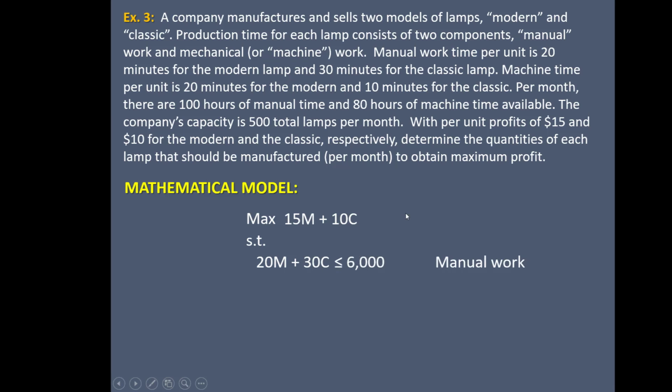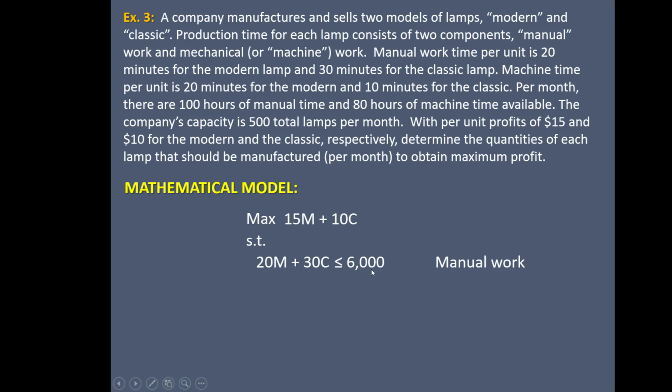So I was originally given that I have 100 hours of manual time per month available. I cannot have minutes and hours. I need to convert that into minutes. So 100 hours times 60 minutes per hour, we get a total of 6,000 minutes.